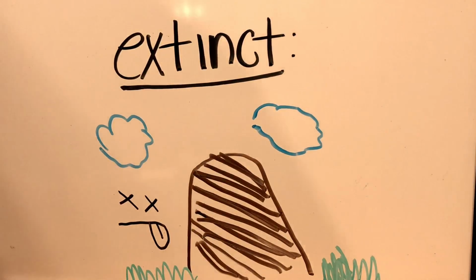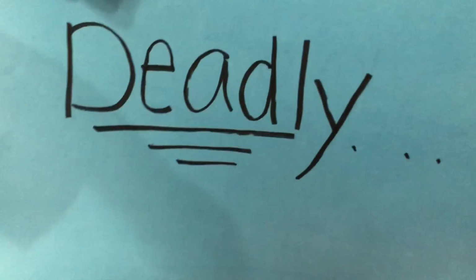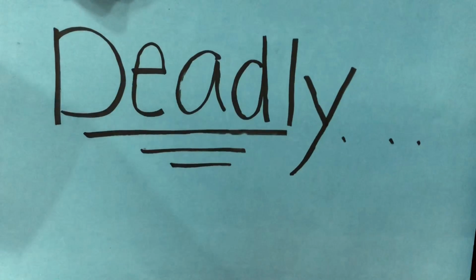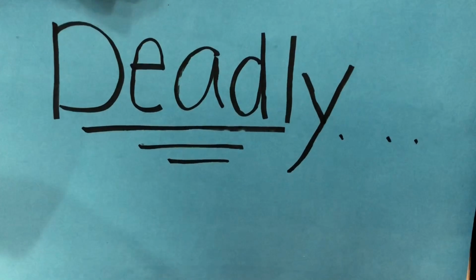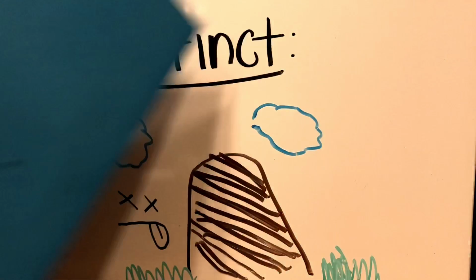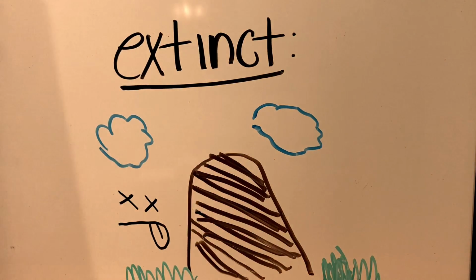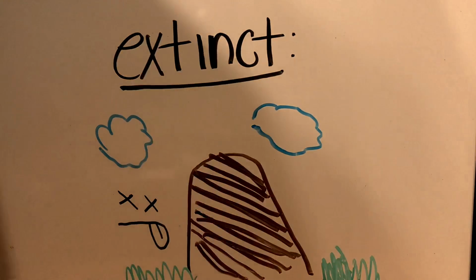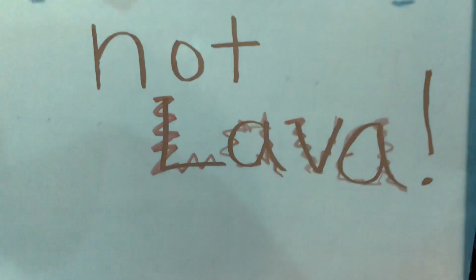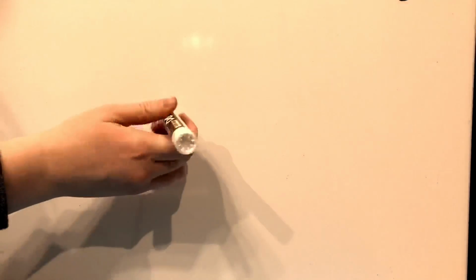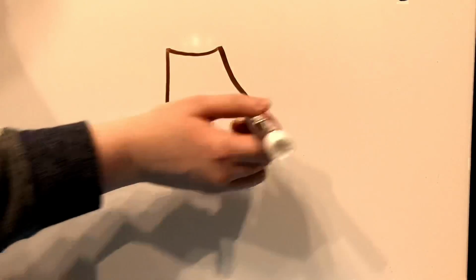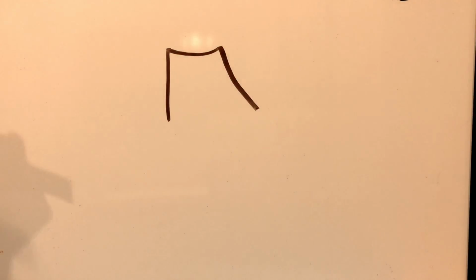So what makes volcanic eruptions so deadly? A common answer would probably be the lava, but what makes volcanic eruptions so deadly is actually not lava, because with lava, while it's hot and can burn your skin off, it's really easy to outrun. So it's not a really rapid danger.